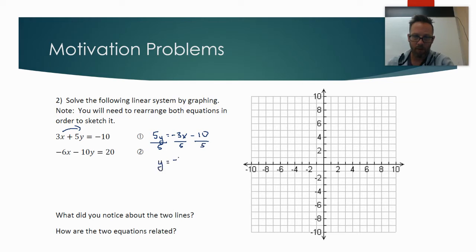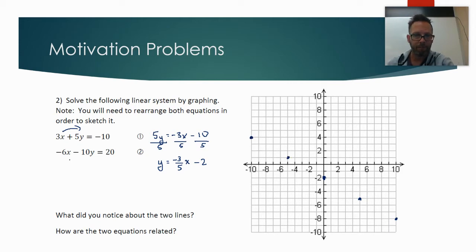Y equals negative 3 over 5 x, and negative 10 divided by 5 is exactly negative 2. So we can sketch this one, no problem. Y-intercept of negative 2, down 3 over 5, down 3 over 5, and then back 5, up 3, back 5, up 3.